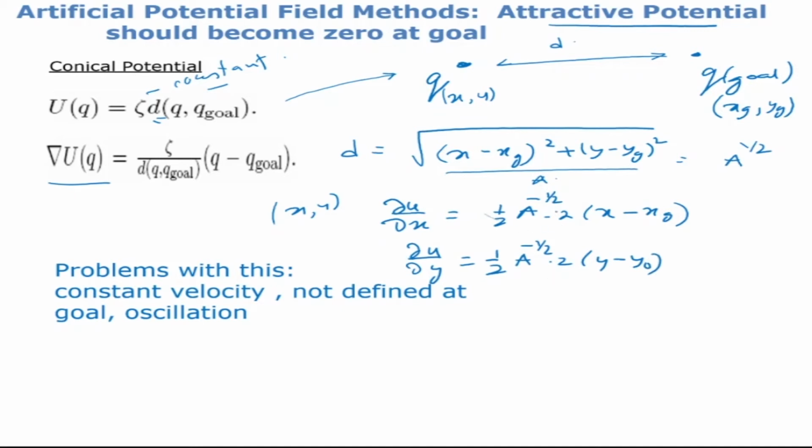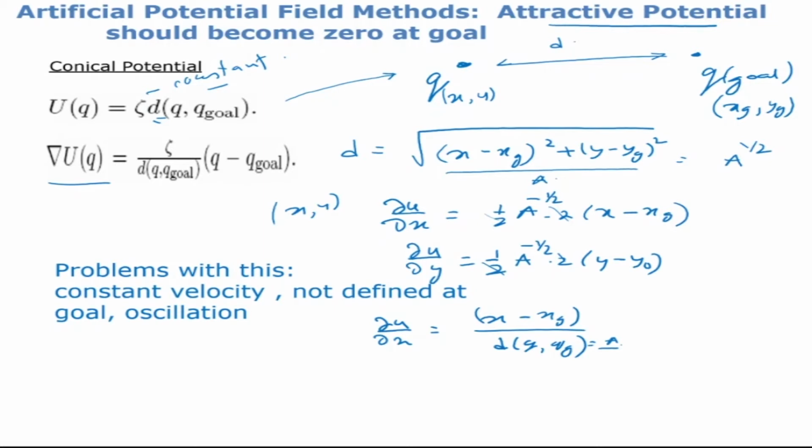Okay, now what will happen? This 2 will cancel, this 2 and this 2 will cancel. So what does this come out to be? Del u by del x is equal to x minus x goal divided by d. D is the distance between q and q goal.